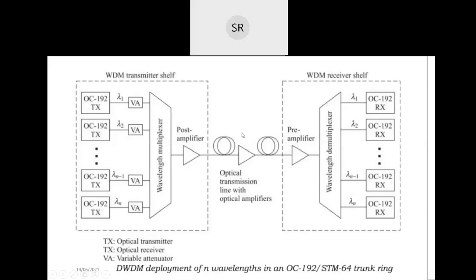And this optical fiber is used for n multiple channels to be transmitted through the fiber, in which we use an inline optical amplifier, then a preamplifier, then a demultiplexer. So that is about a dense wavelength division multiplexer.